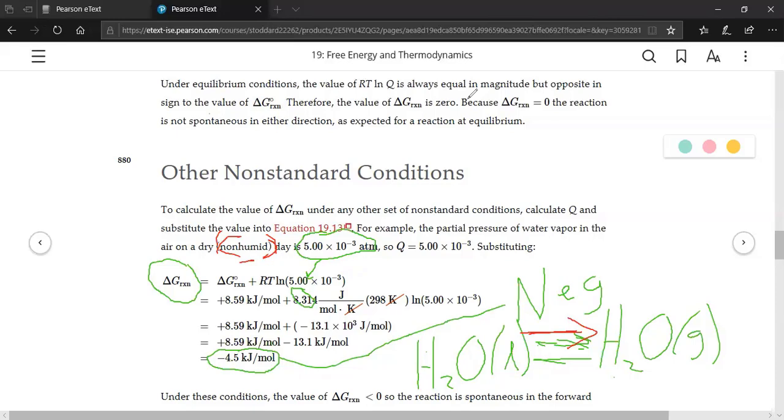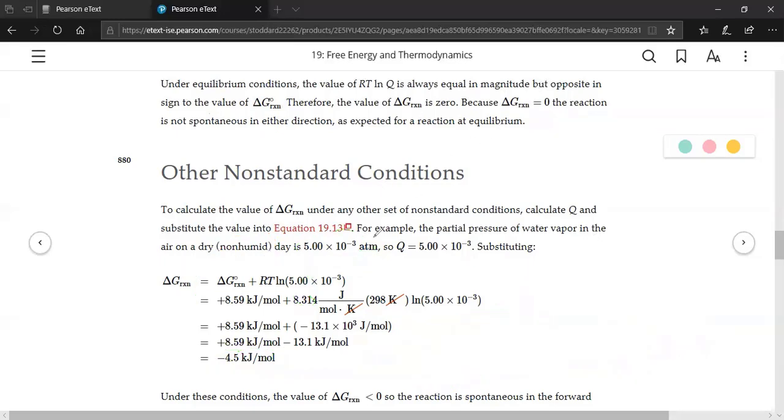That's why it makes sense that we're coming out with a negative delta G. So that's what they're doing in that example, just showing you an example, and also showing that it makes sense that you're getting that particular value for the delta G in that situation. But in general, you could calculate the free energy change for any chemical reaction where the reactants and products are not all at 1 atmosphere or 1 molar concentration.